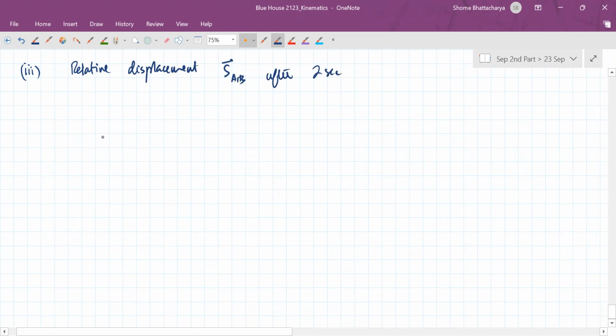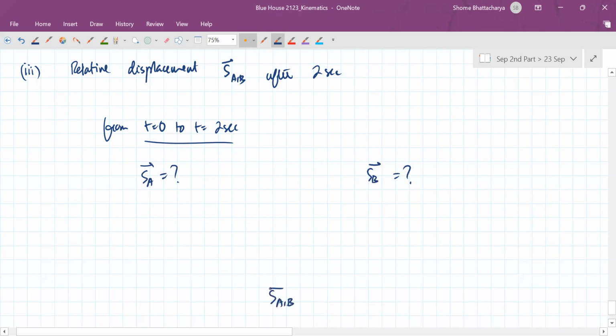One way is from t equal to 0 to t equal to 2 seconds, what is A's individual displacement, and what is B's individual displacement? And then we can calculate displacement of A with respect to B as displacement of A minus displacement of B.